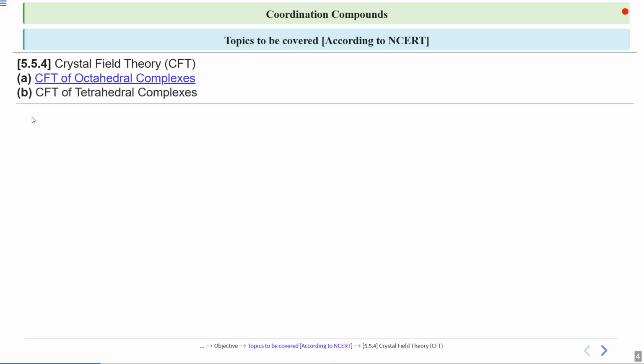The other part of this section, crystal field theory of tetrahedral complexes, we are going to cover in our upcoming lecture. So today we are going to focus on octahedral complexes and how the bonding in the octahedral complex is going to be there according to the crystal field theory, CFT.